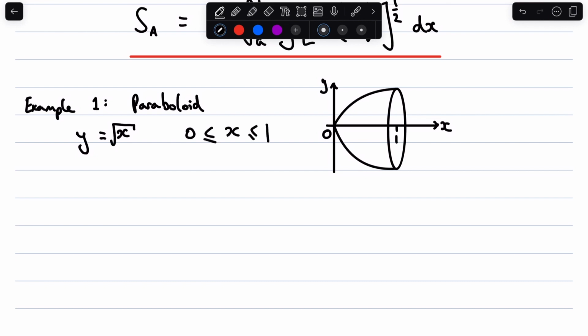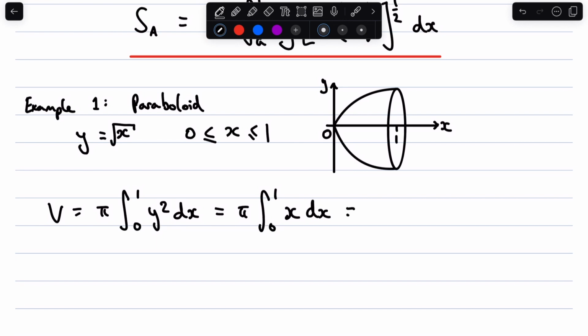And therefore, to work out the volume, we'll be using V equals pi times the integral from 0 to 1 of y squared dx, which equals pi times the integral from 0 to 1 of x dx, which is just pi times half x squared on the range of 0 to 1, which is just pi over 2. And that's the exact volume of our paraboloid between 0 and 1.